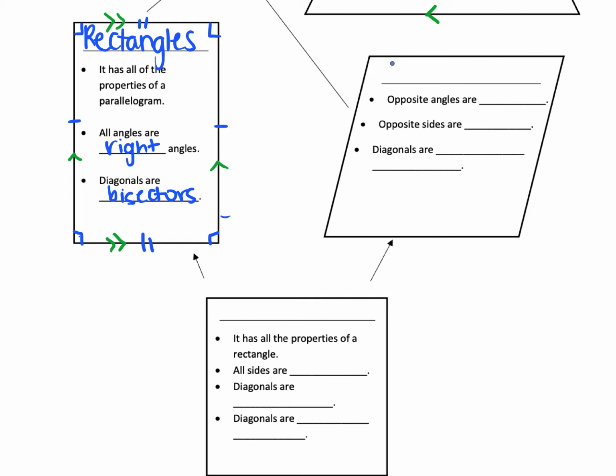Moving over to our next shape, we have a rhombus. Another word for a rhombus could be a diamond, but this is the technical term that we'll be using for it. Opposite angles are going to be congruent here. So that would mean this angle up in the top right corner will be congruent to the bottom left angle, and then these ones will also be congruent to one another.